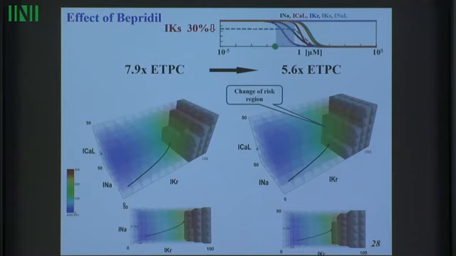In order to do that, we need to use different subspaces, switch from this one to this one. The difference is the risk region expanded a little, so that the threshold for arrhythmia decreased a little bit in the case of verapamil.